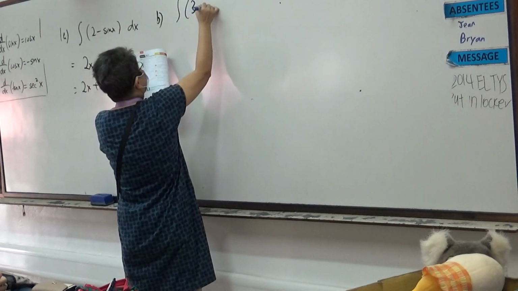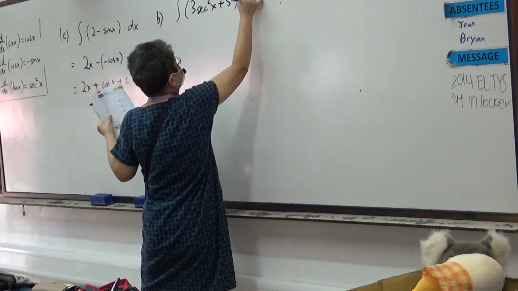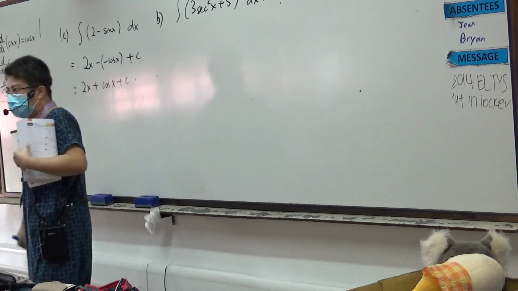Integrate 3 secant square x plus 5. Okay, you integrate for me. 1 minute.